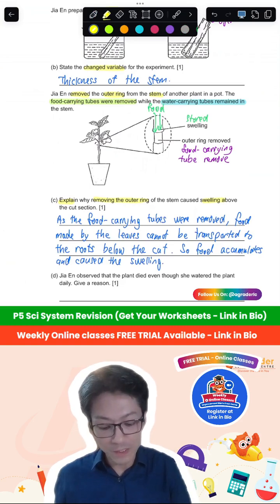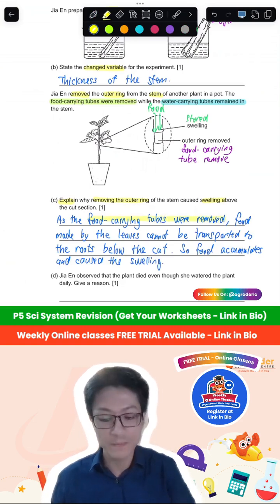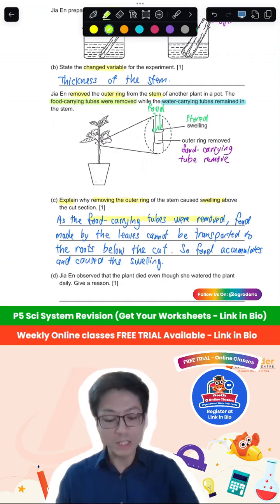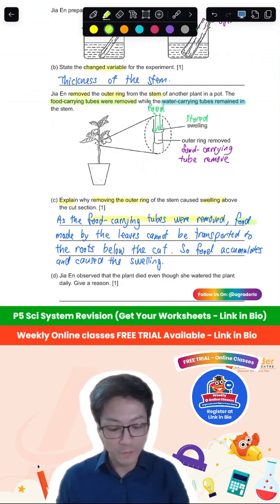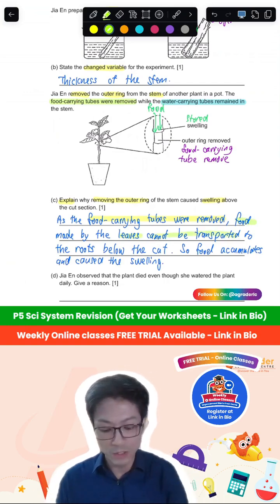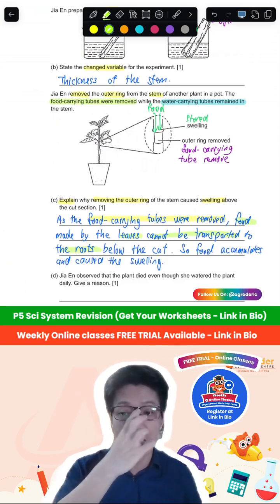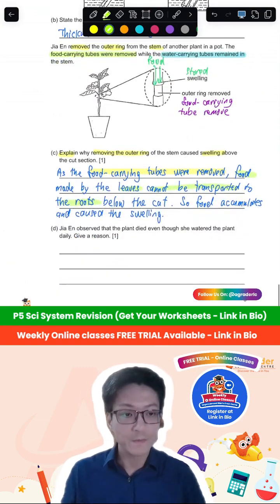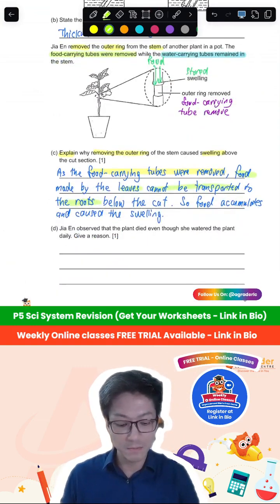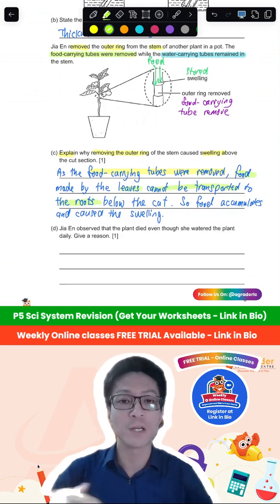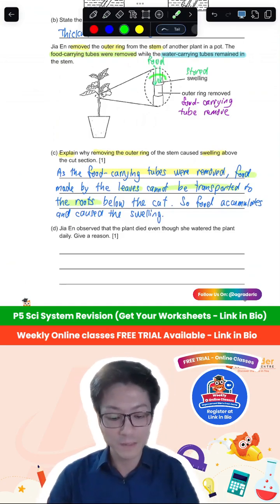Remember to say the food carrying tubes were removed, right? Once you establish that, then we know that the food that is made by the leaves cannot be transported to the roots below the cut. Then the food that's made by the leaf will be accumulated right over here and cause the swelling.